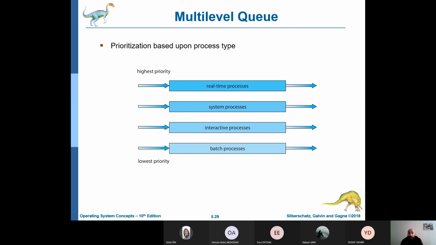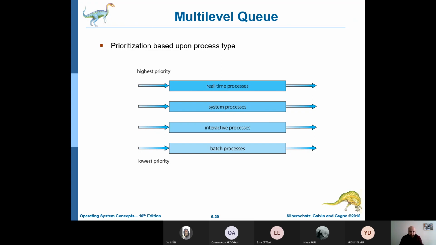first-come, first-served algorithm. Let's look at an example of a multi-level queue scheduling algorithm with 4 queues listed based on the priority. From highest to lowest, we have real-time processes, system processes, interactive processes, and batch processes. Each queue has absolute priority over lower priority queues.